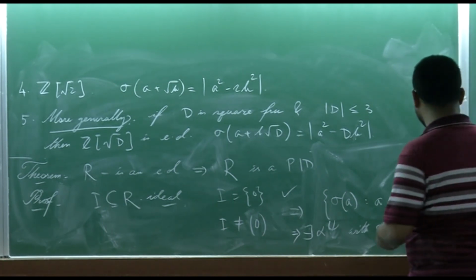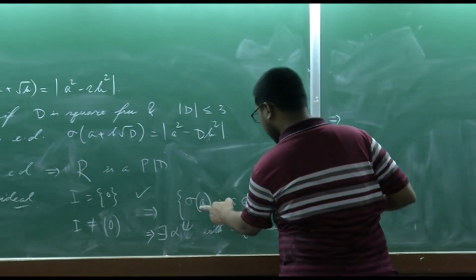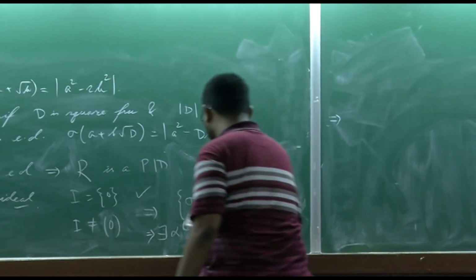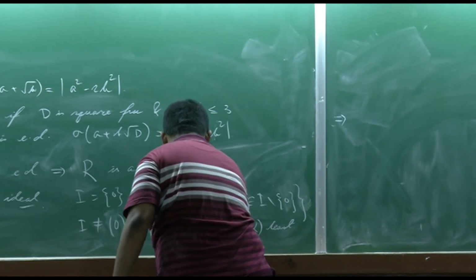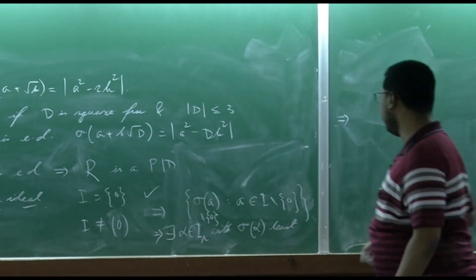And that proof is also quite obvious. First of all, there exists alpha in I not equal to 0 such that this is the least.